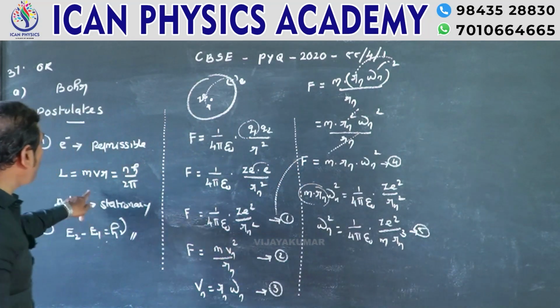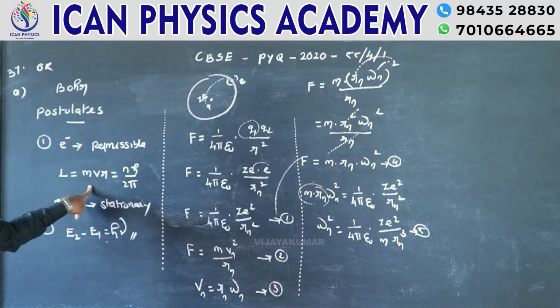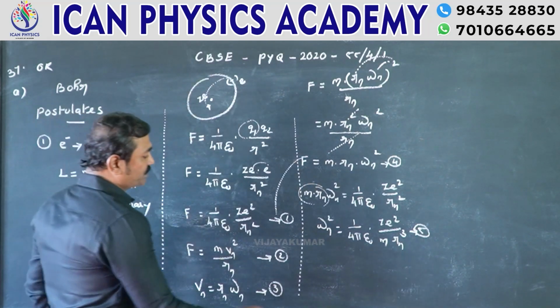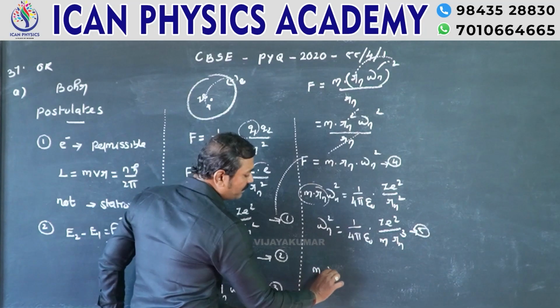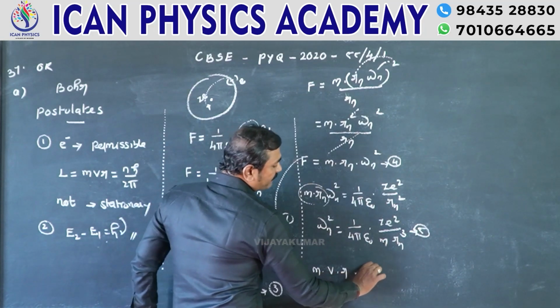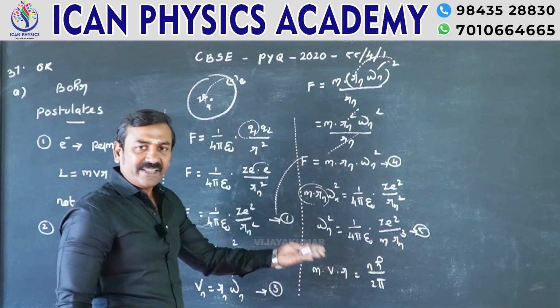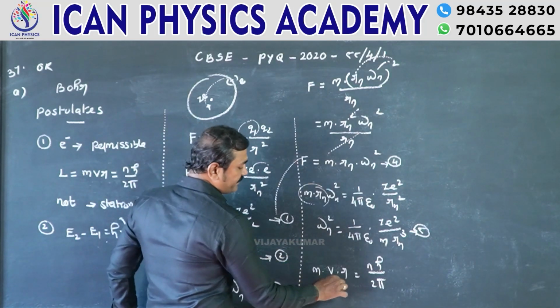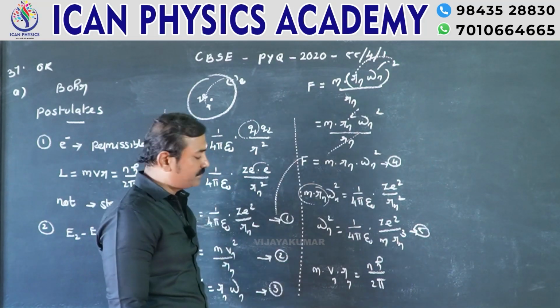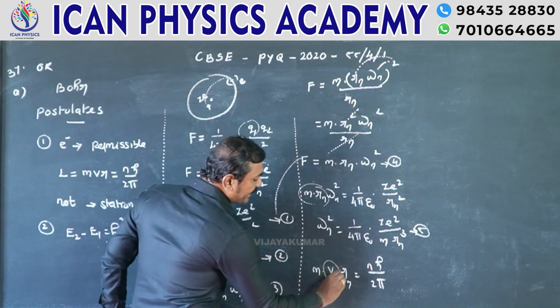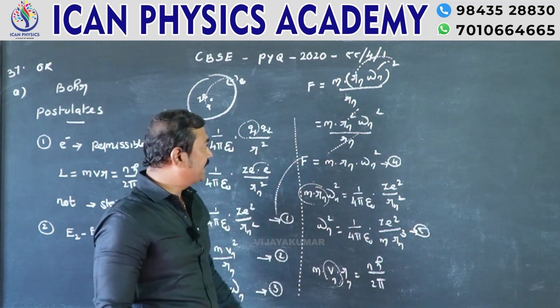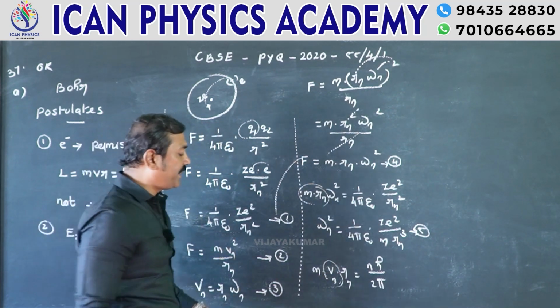Now I want to take the postulates of Bohr. So what is the postulate of Bohr? L equal to m v r equal to nh by 2 pi. So m v r equal to nh by 2 pi. For the radius of the nth orbit, we can write Vn, Rn. Okay. So what we can write for Vn? Yes, Rn omega n.